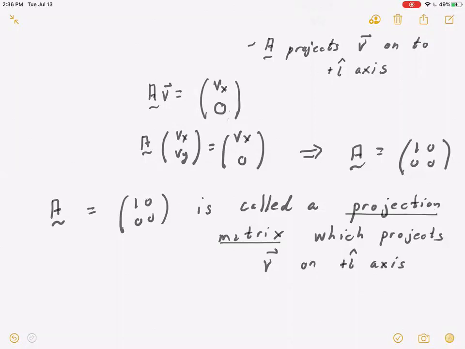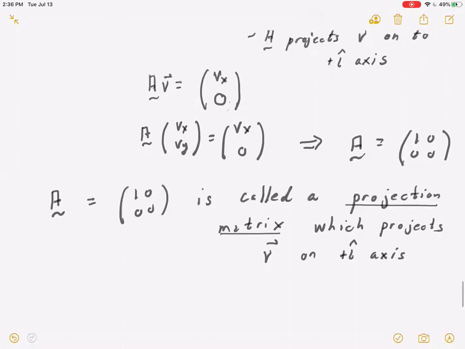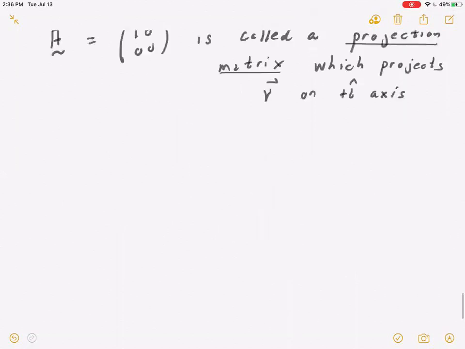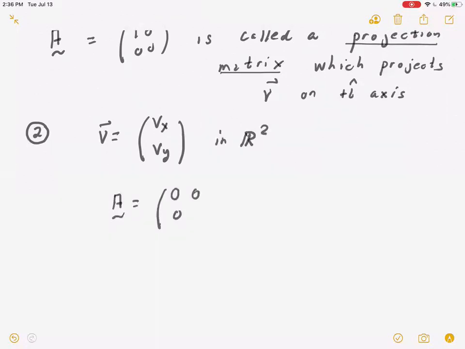Okay, so we can look at other examples of matrices actually doing things. Again, I'm going to stick with 2 dimensions. So I have an arbitrary vector in R2. And now I'm going to look at this particular type of matrix. It almost looks like the identity matrix, but now the 1,1 matrix element becomes 0. So the question is, what happens when this matrix A acts on V?